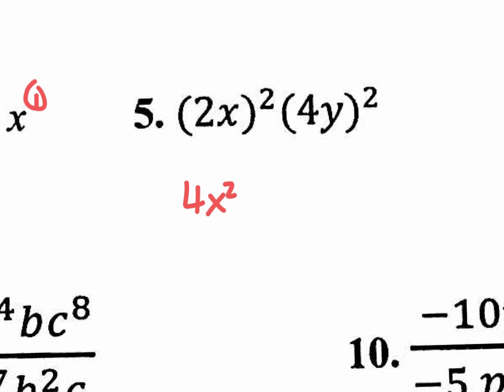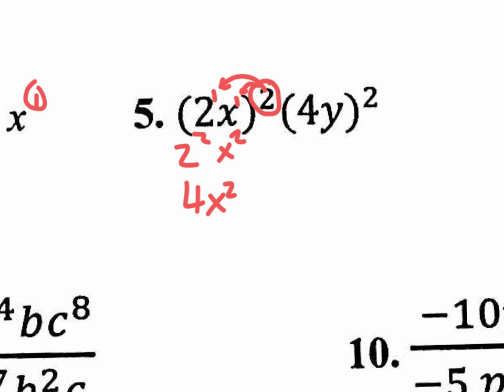Or another way of doing it, which I would probably do, is recognize that I have an exponent on the outside, and these inside guys have the exponent of 1, so I'm going to distribute, because that's one of the rules of exponents. You distribute the outside exponent to the inside exponents, and you'll get 2 squared x squared, and of course, 2 squared is 4, and x squared just stays x squared.